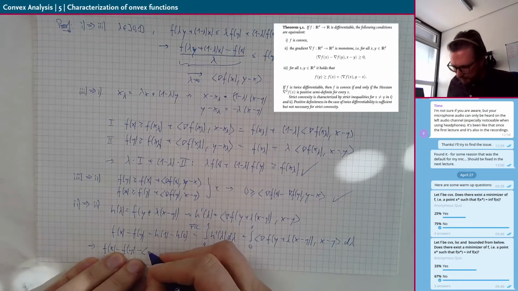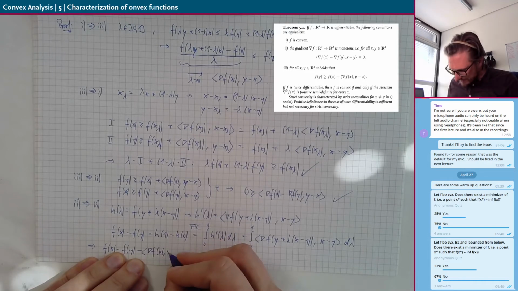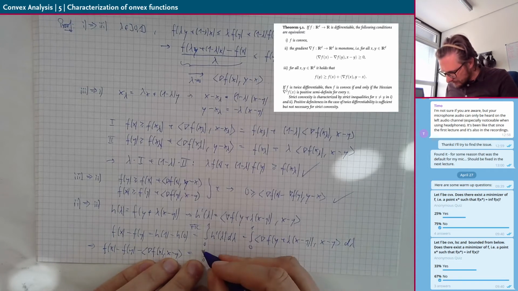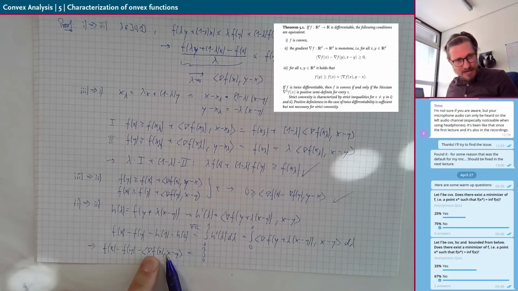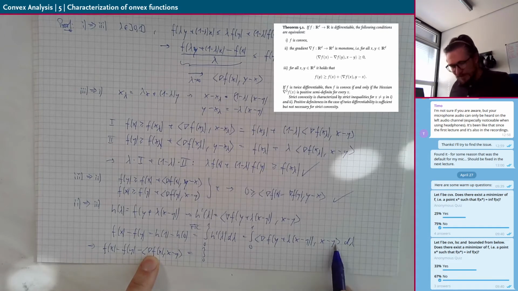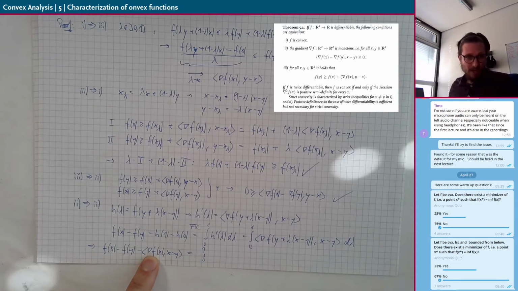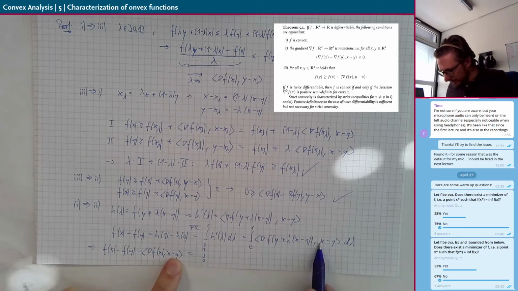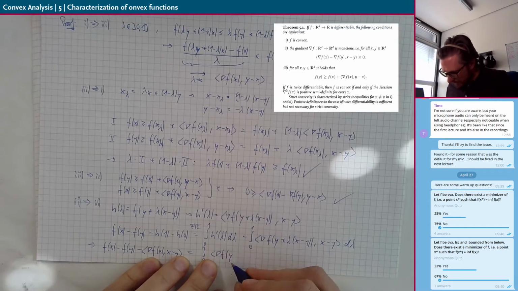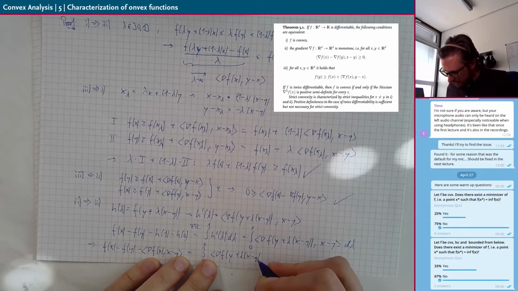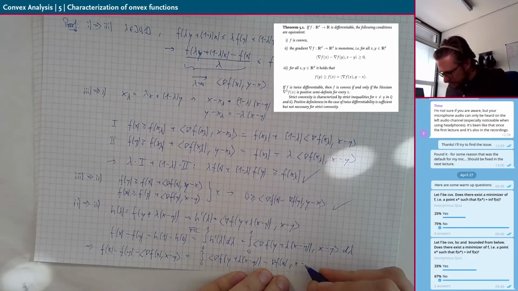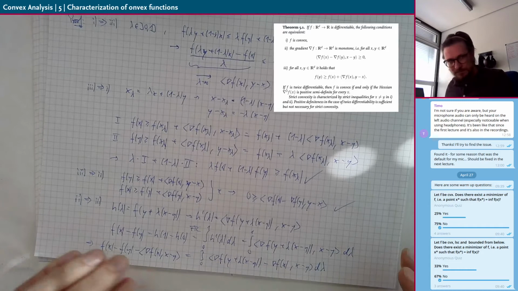That is equal to the integral from 0 to 1, and as I did in the lecture, if we subtract that on the right hand side, we can just put it in the integral because the integral is of length 1, and then it unites with this term here, and we get the gradient of f at y plus lambda times x minus y, minus the gradient of f at y, times x minus y, d lambda.